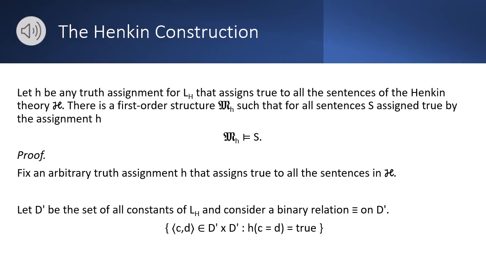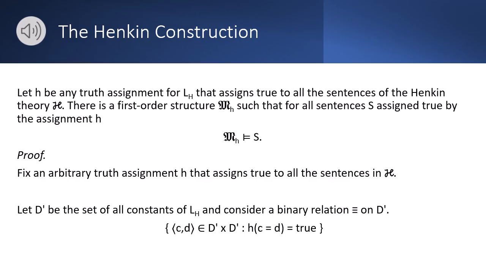And we let D prime be the set of all constants of our expanded language. Again, there are many of them because we went through this process of repeatedly adding more and more. And what we'll be able to do is introduce a brand new binary relation, which turns out to be an equivalence relation on this collection of constants. And the way that you do it is the following.